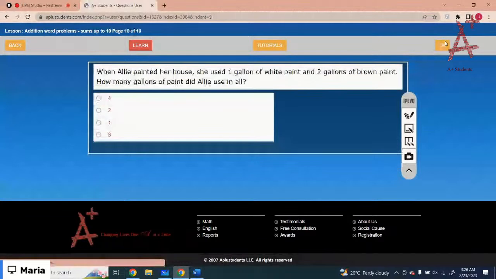Okay, the next one is: when Ali painted her house, she used 1 gallon of white paint and 2 gallons of brown paint. How many gallons of paint did Ali use in all? You calculate the total gallons.